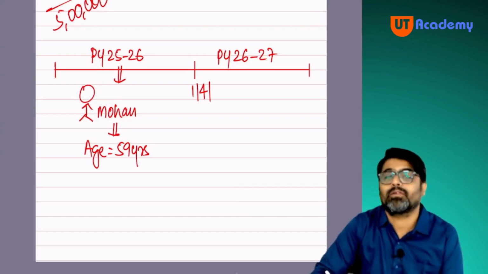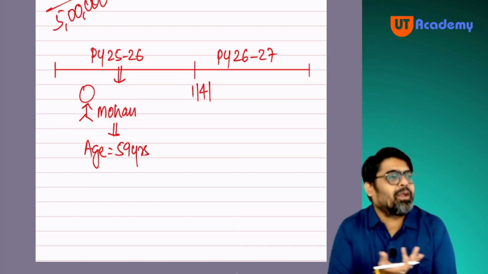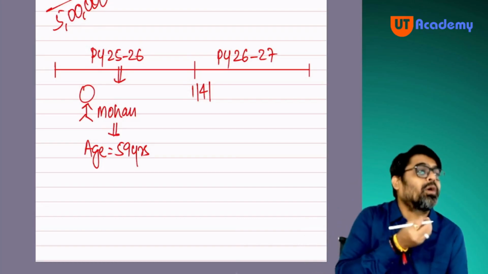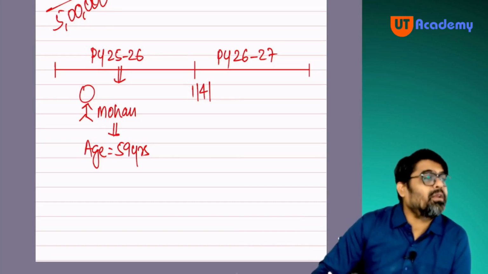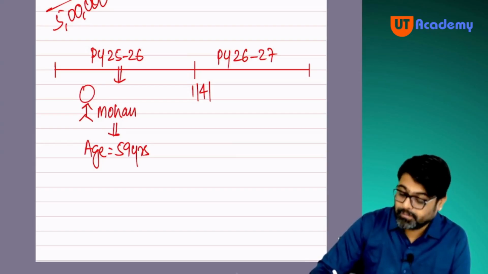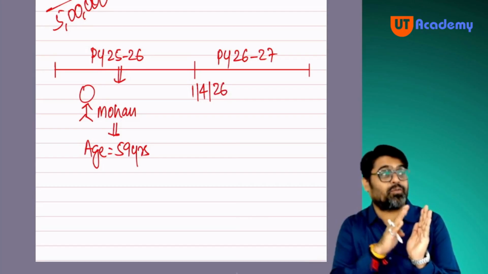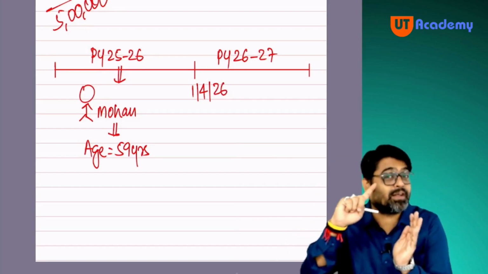Can any person choose to be born on 1st April? Mohan cannot do anything in that. It is God's wish. So now his next birthday, 1st April 2026, falls in the next previous year.